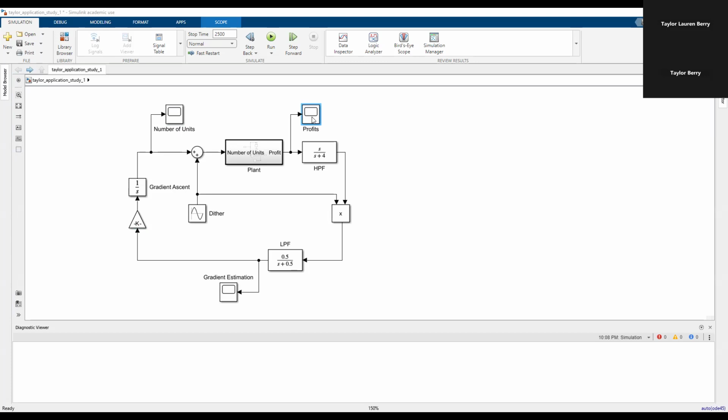It looks like it levels out at about 5.5 times 10 to the 6. Soon we'll get into whether this is what we expected or not. But as you can see, it forms a nice curve and it plateaus at these values that we can see.